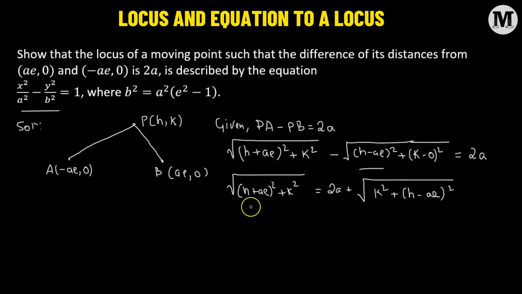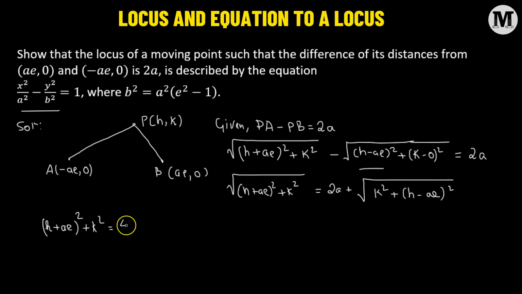Now let's square both sides. Squaring both sides is going to get rid of the square root on the left hand side. Now we have (h plus ae) whole squared plus k squared equals, now here we have two terms. 2a is the first term and the second term is the one that involves the square root. So when we square it, we'll have to apply the (a plus b) whole squared identity.